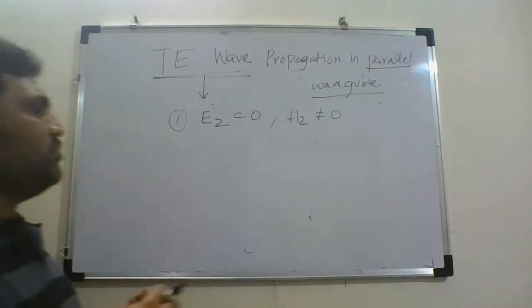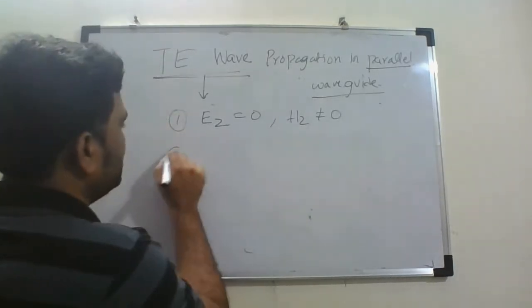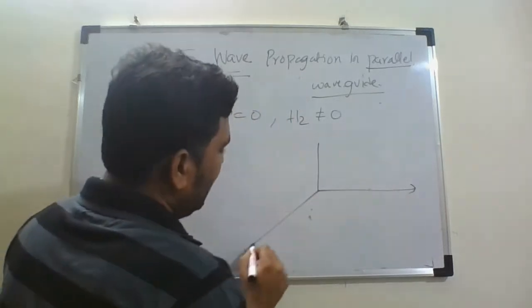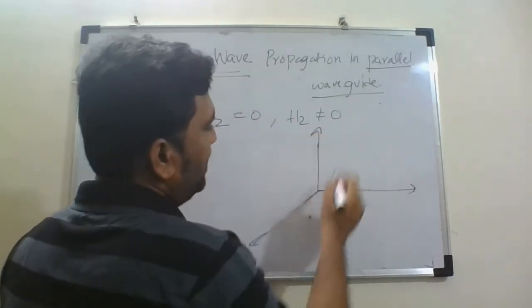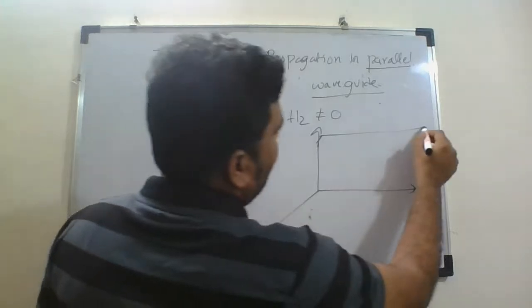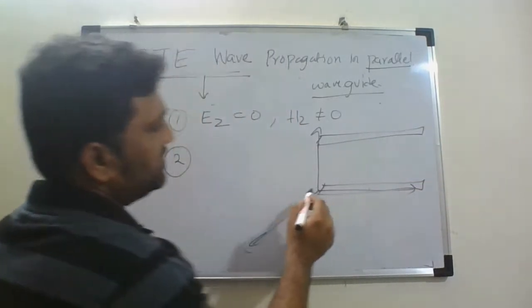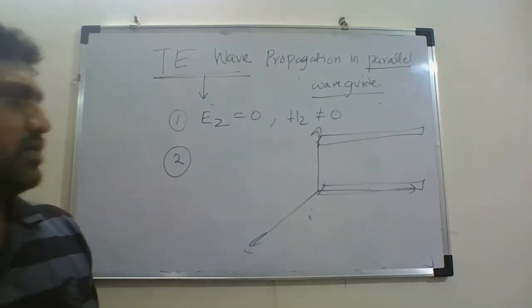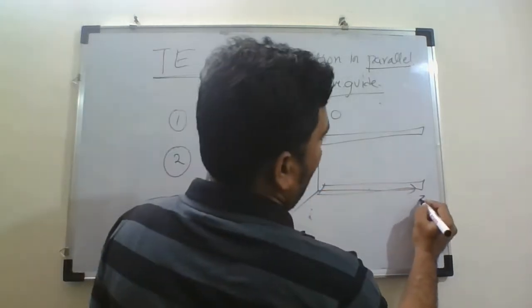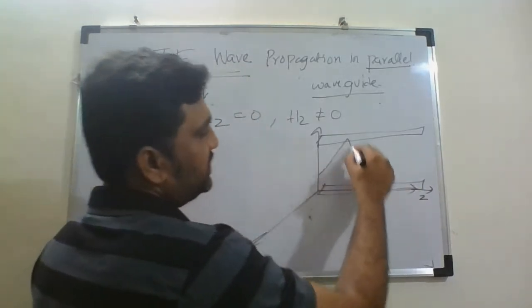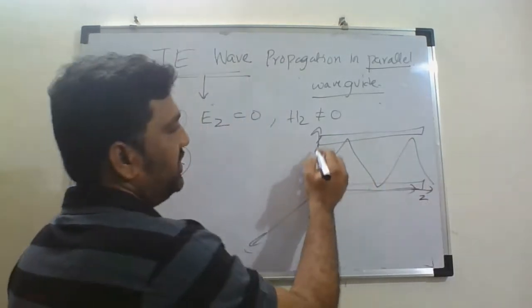The second point that we have to note is that we have assumed a parallel plane waveguide. It is basically constructed with the help of two parallel plates placed along the z-axis. So this is the z-axis, and the wave propagation is along the z-axis.